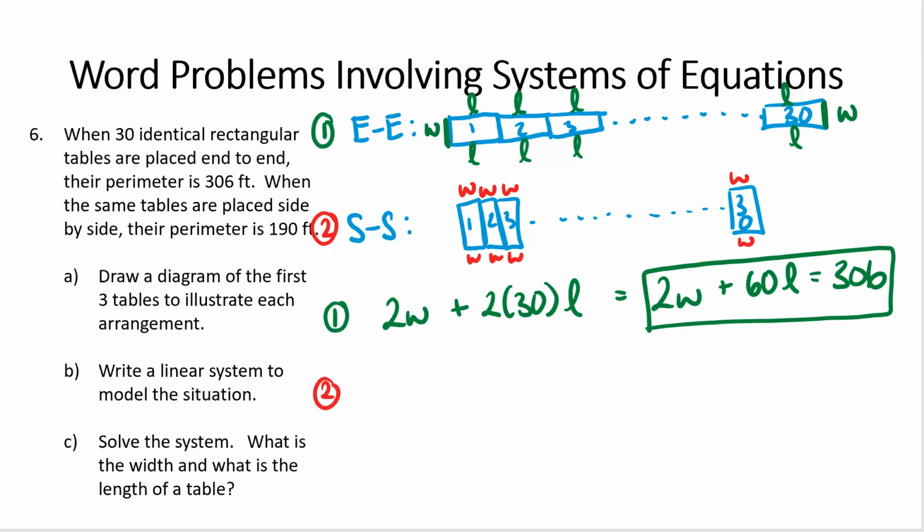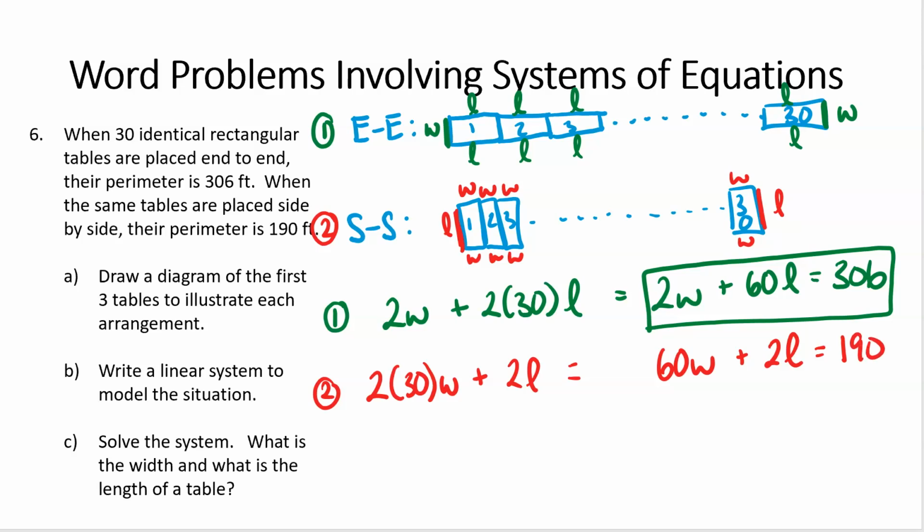So for equation 2, you have a similar kind of thing: 2 times 30 tables of widths, plus the length on one end and the length all the way on the other end, 2 times the lengths. We can simplify that by saying 2 times 30, or 60 widths, plus 2 lengths, equals 190 feet for the perimeter.